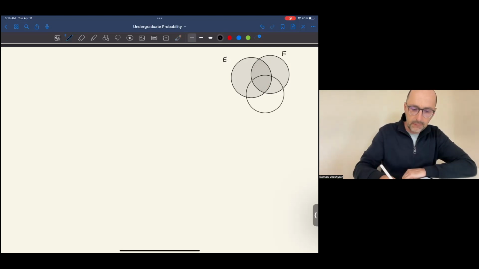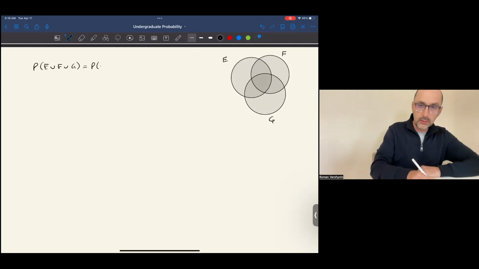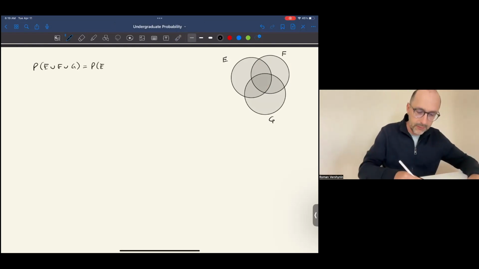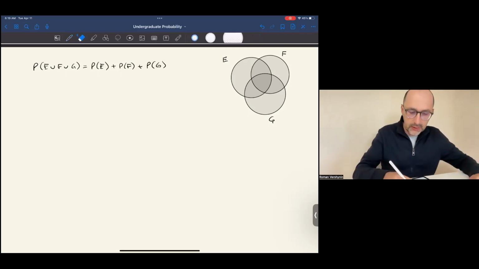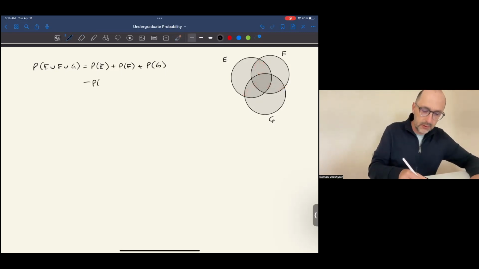Suppose we have events E, F, and G. How do we compute the probability of their union? We can start in the same way with the naive formula that just sums all their probabilities. Then we realize that that formula double counts the intersections. So we correct that. We subtract a single copy of each intersection that was double counted.